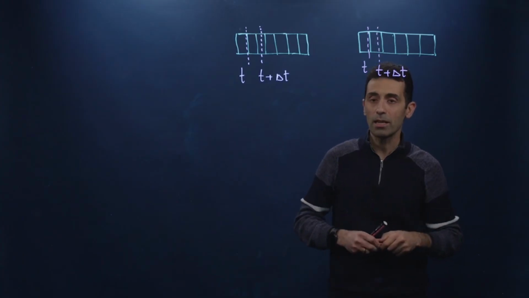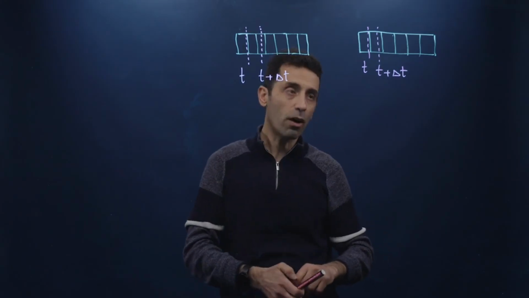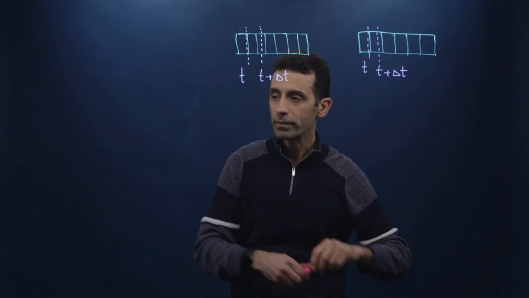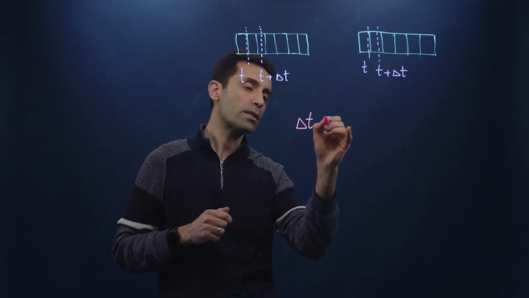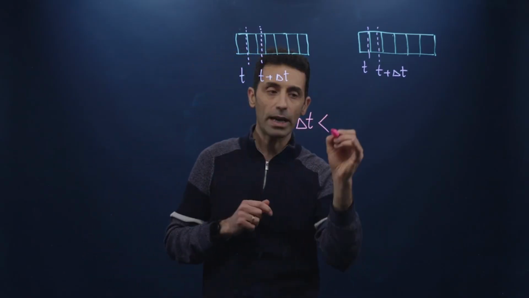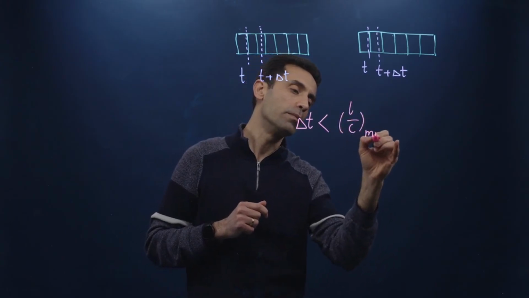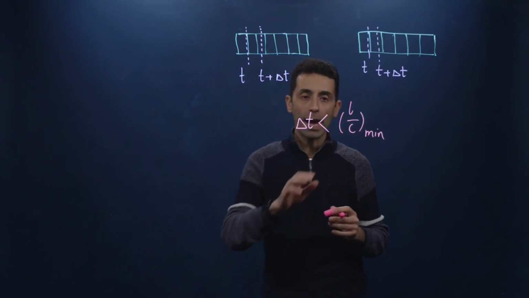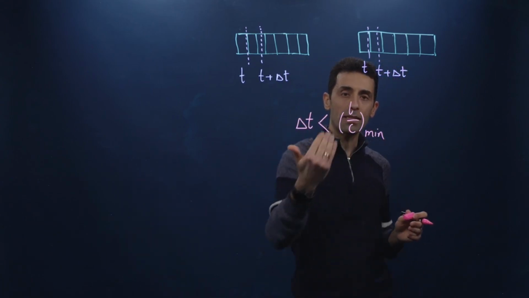Of course, I'm describing it in a more descriptive way, but there are also equations to use for this. The equation that we often have is delta t, which is the stable time step. It has to be smaller than L over C minimum. So L is the characteristic length of our elements, and C is the speed of sound.